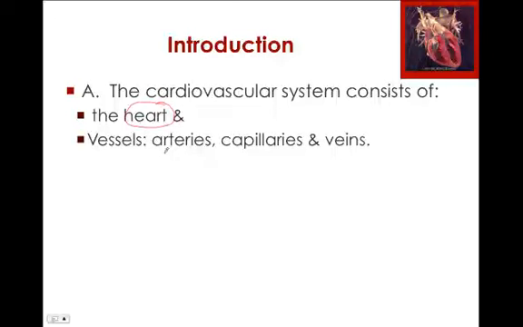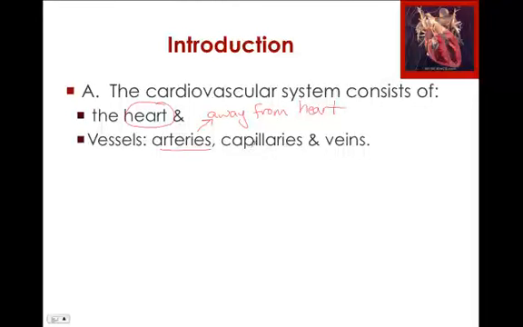And the vessels are going to be the arteries, which, we'll get into this a little bit later, but arteries are going to carry blood away from the heart. Usually they're carrying oxygenated blood, but there's going to be an exception to the rule, and that's going to be the pulmonary arteries.